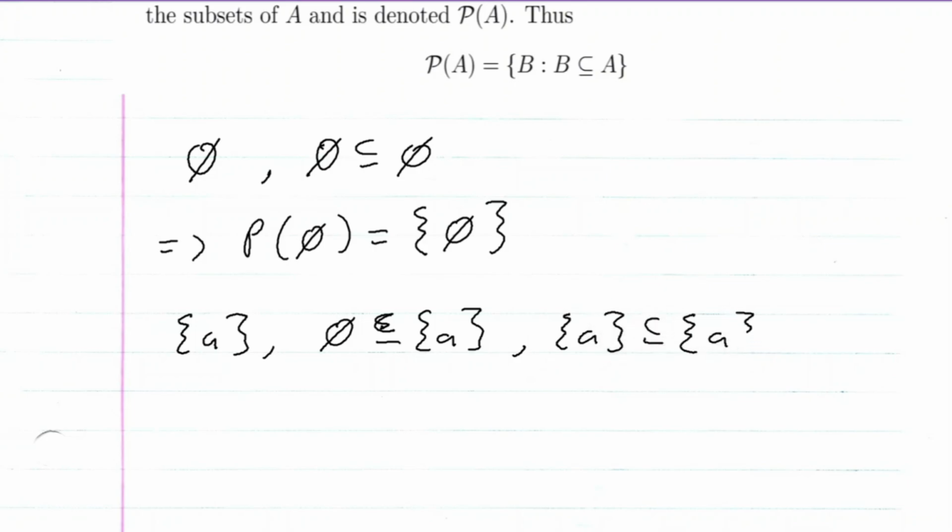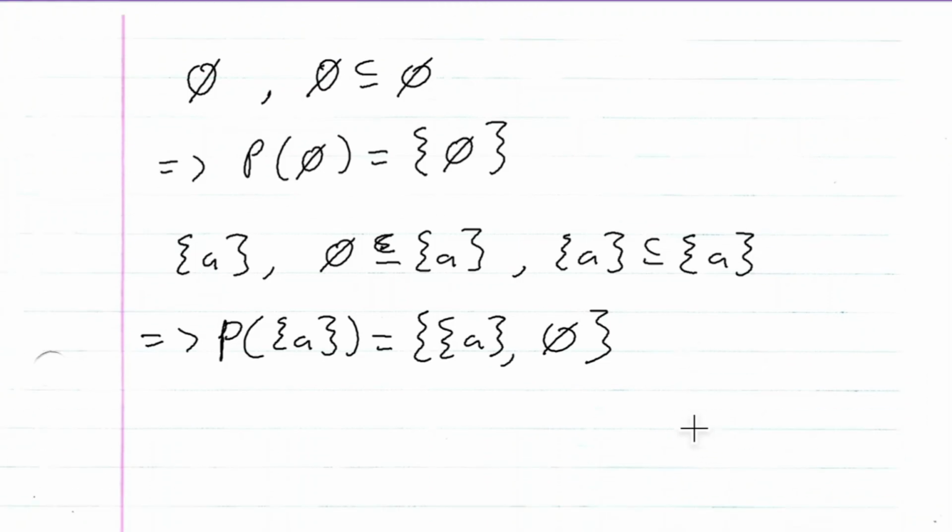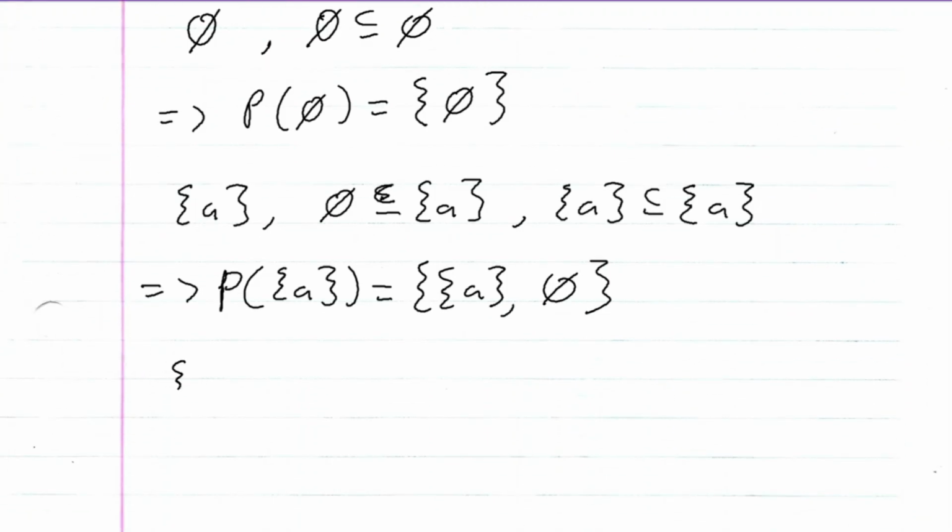We know any set is a subset of itself. So this means that the power set of the set containing A is going to be the set containing A and the empty set. Does that make sense?